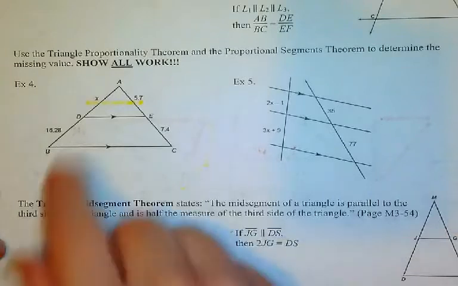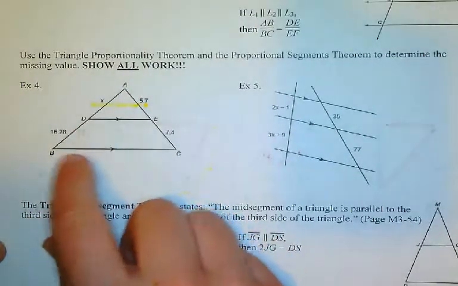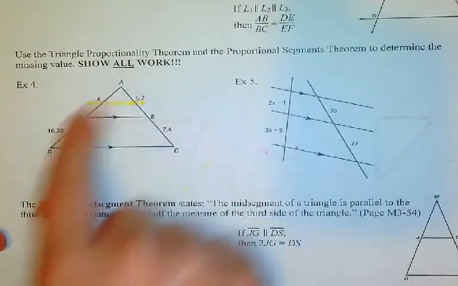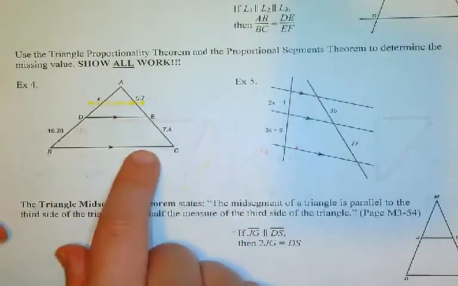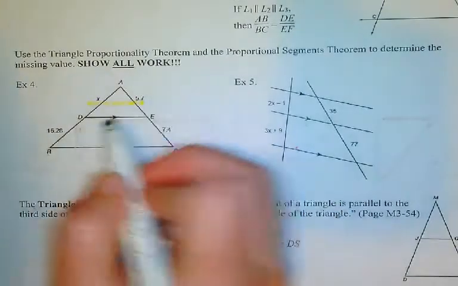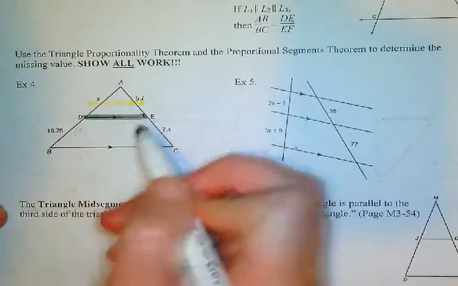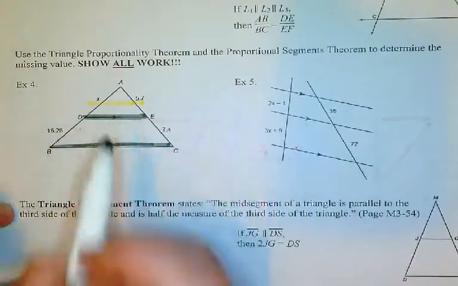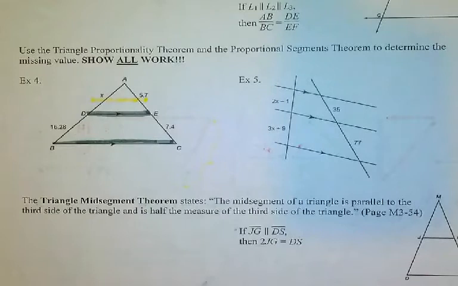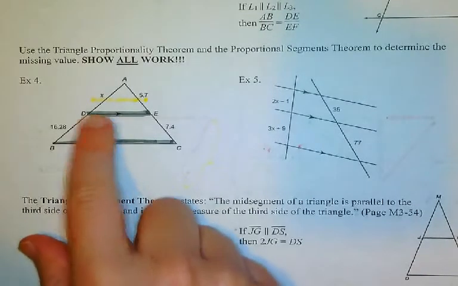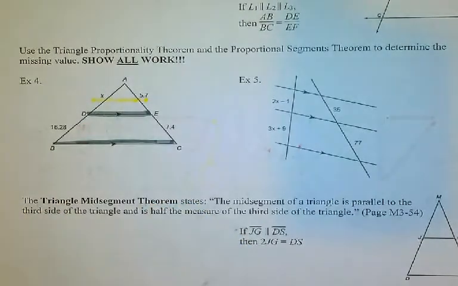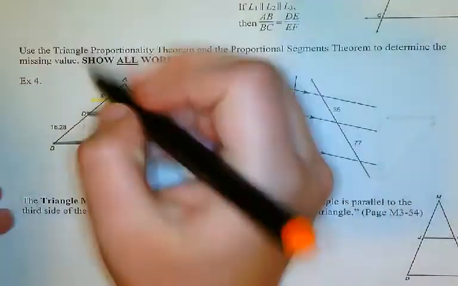Okay? So, in examples 4 and 5, we've got two triangles, this small triangle here, and then this big triangle here, and they've got parallel bases. So, these are our parallel bases, but it's this one in the middle that tells me how to set up my proportion, because it acts as the fraction bar. It acts as the fraction symbol. So I can set it up like this.